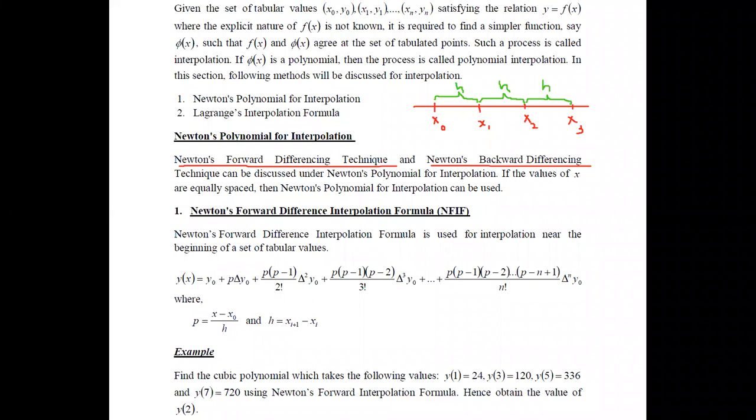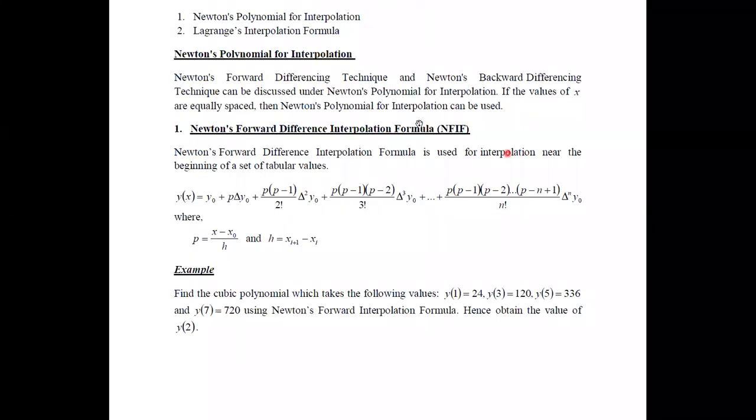Now we will look at Newton's forward difference interpolation formula. The first thing we need to check is whether the values of x are equally spaced. If they are, we can use either the forward method or the backward method.